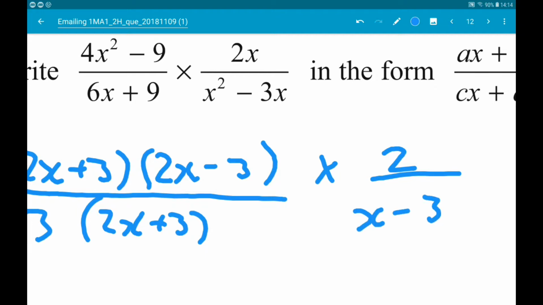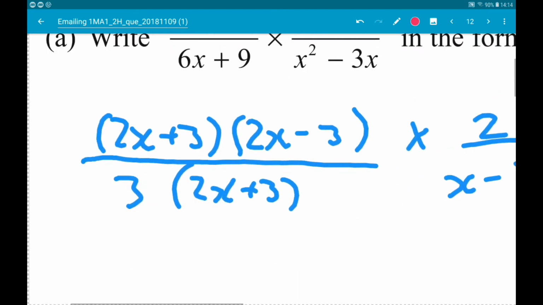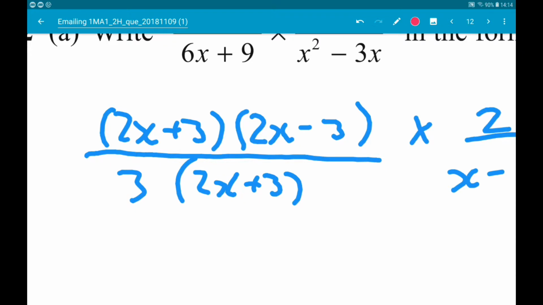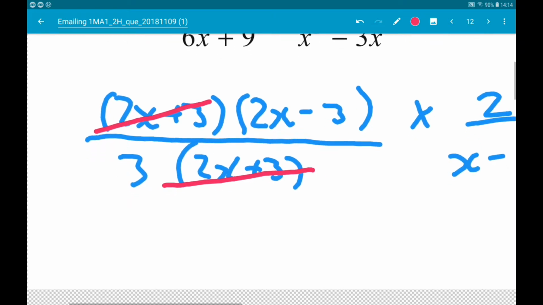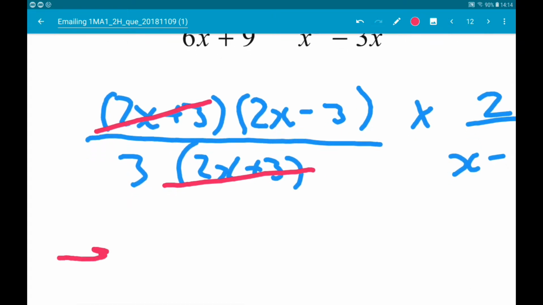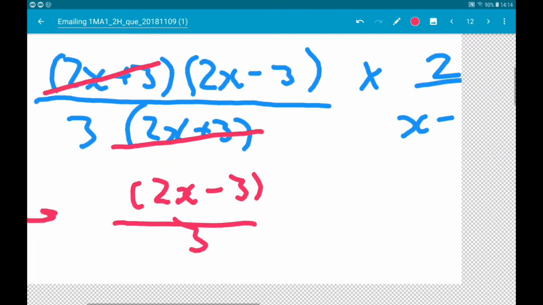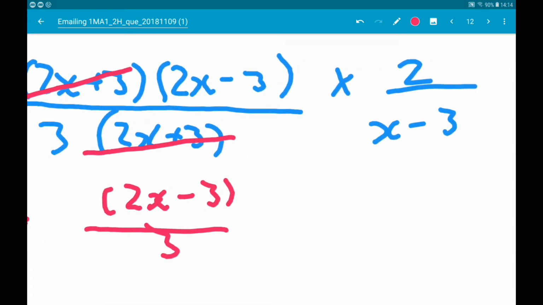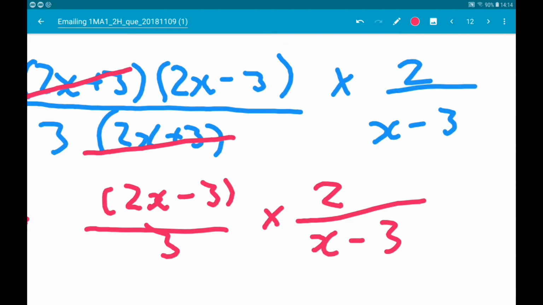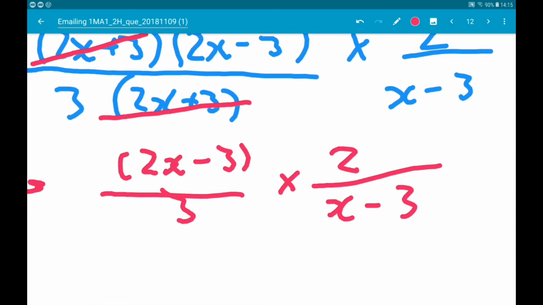Okay, so in this case, the 2x add 3's cancel out. So we have 2x minus 3 over 3 times 2 over x minus 3. So, when you multiply fractions, you just go across.